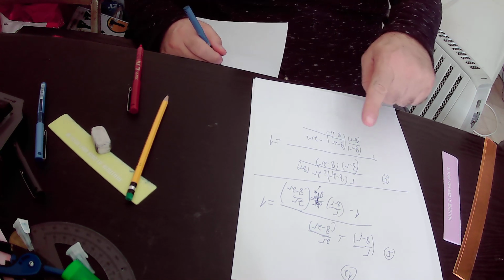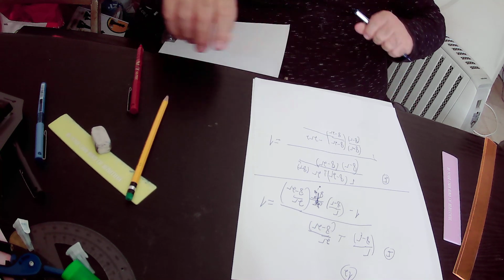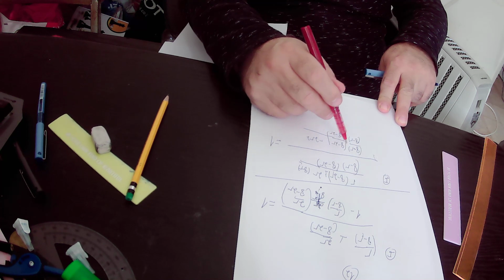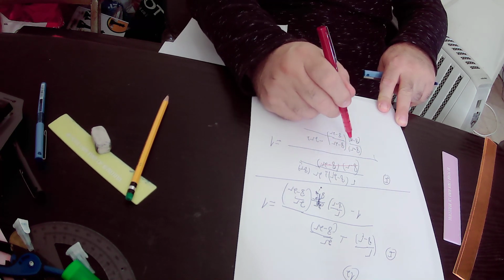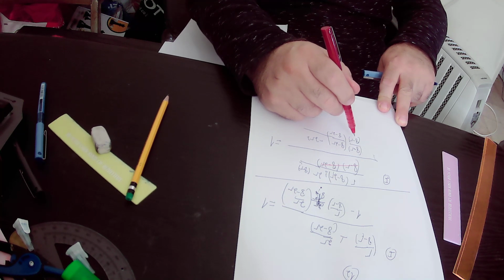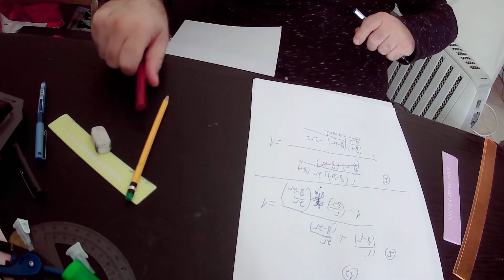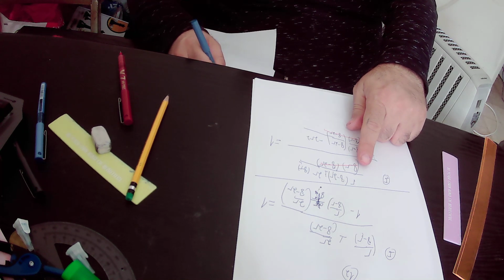So here we will open the brackets. First of all, we will cancel those expressions. This expression and this expression are equal to each other, so we can cancel them because one is in the numerator and the other one is in the denominator. So we get r times 8, 8r.